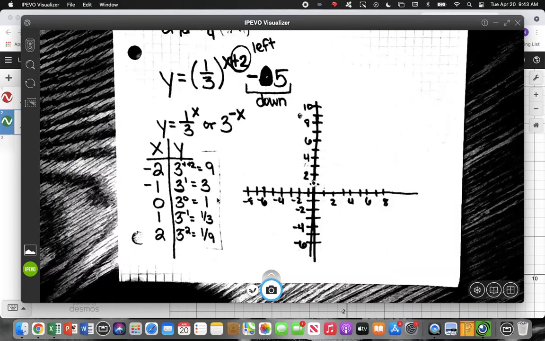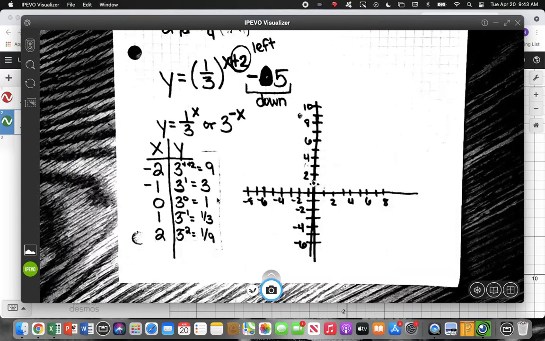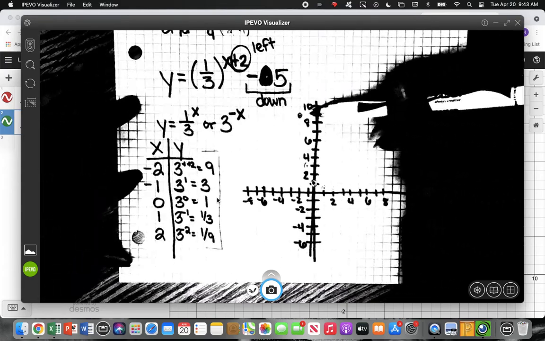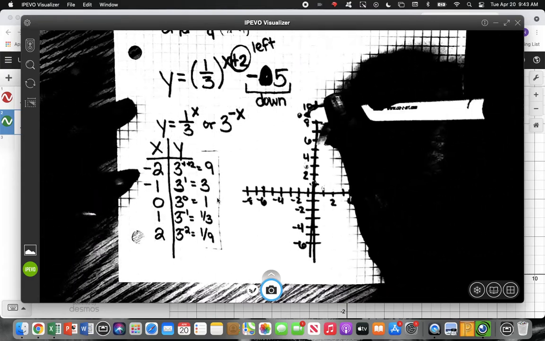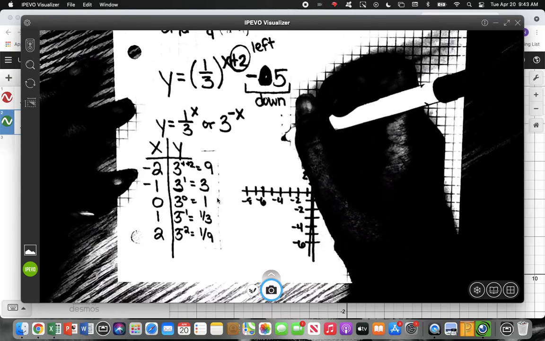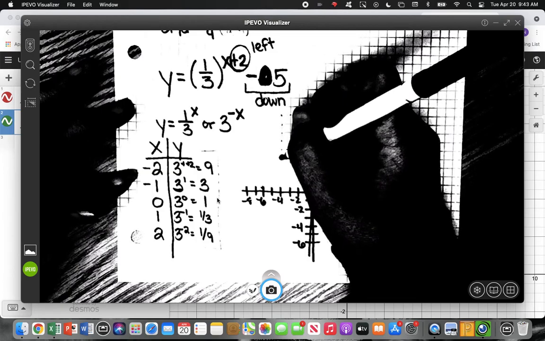All right, so then once I have those points, everything that we are going to make is going to go to the left 2 and down 5. So that very first point up here, I'm going to go to the left 2 and down 5. So that took care of my first point.